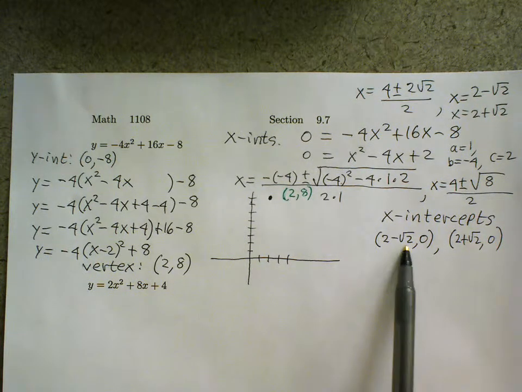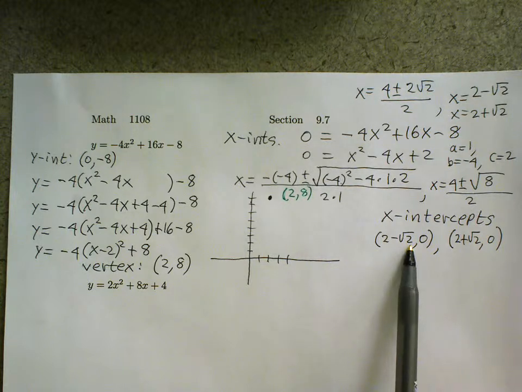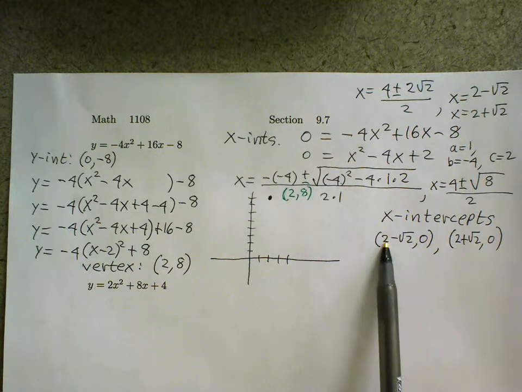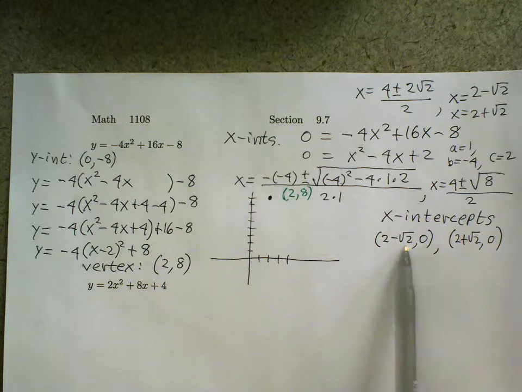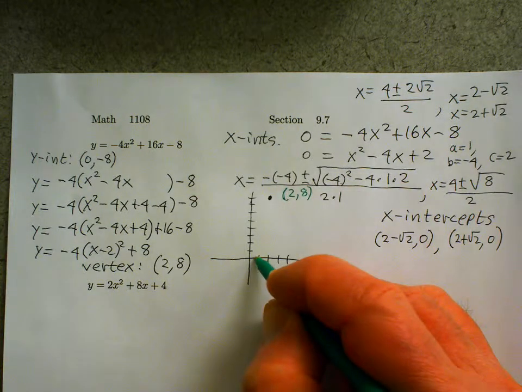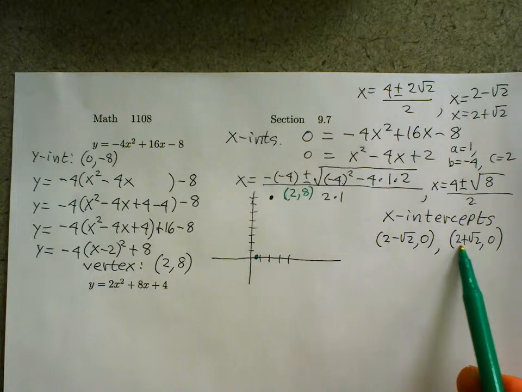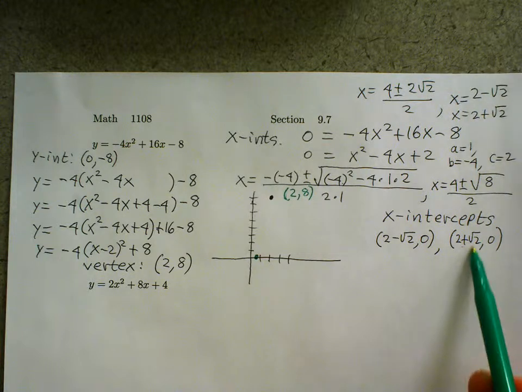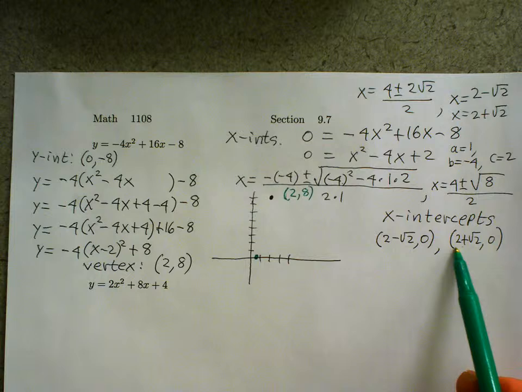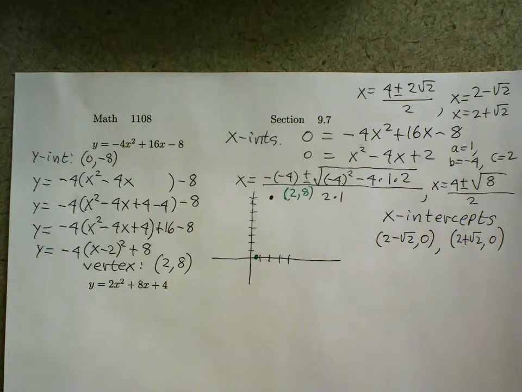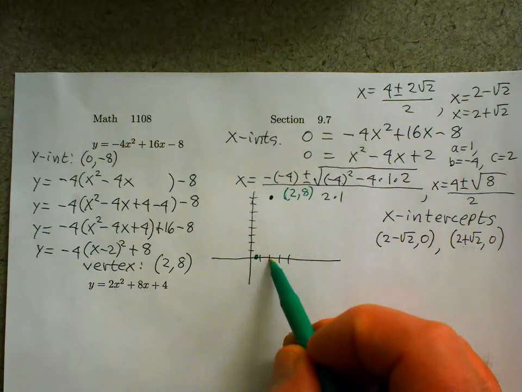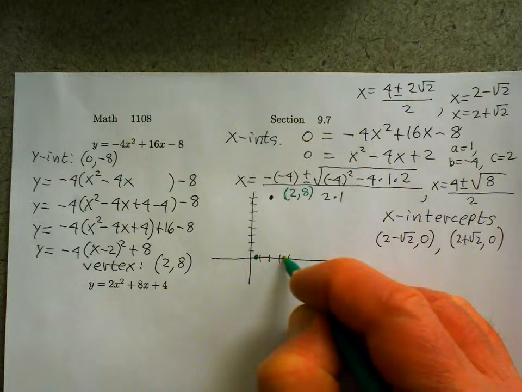The square root of 2 is approximately 1.4142. So 2 minus that is about 0.58. So 0.58 right in there. The other x-intercept, 2 plus the square root of 2, is about 3.41, so right in there.